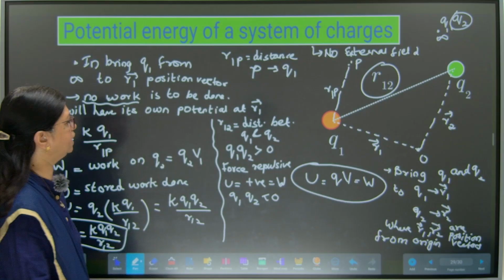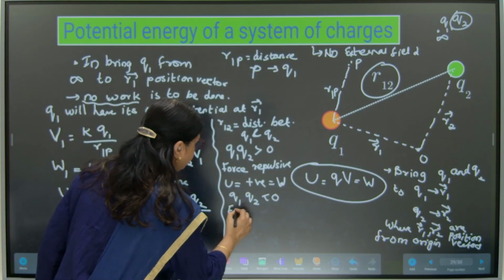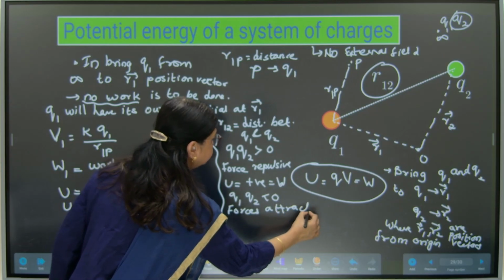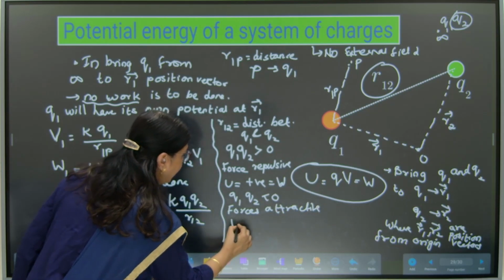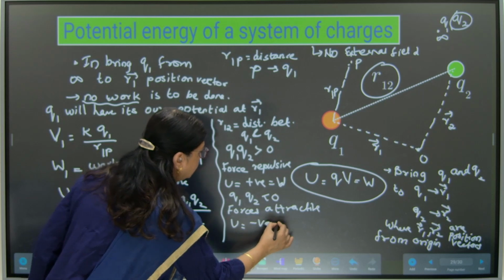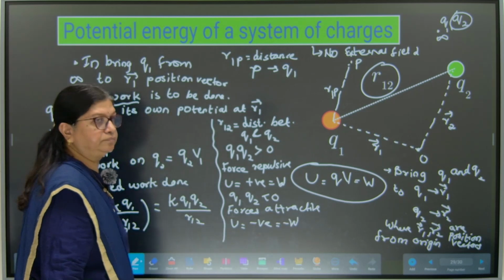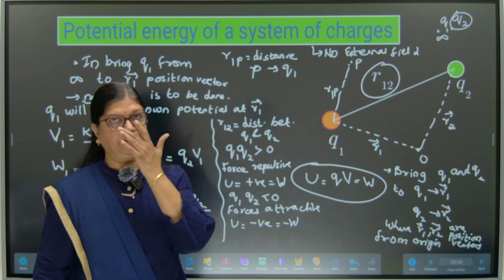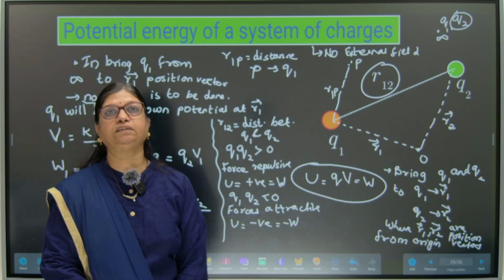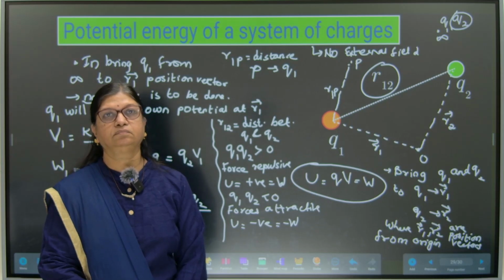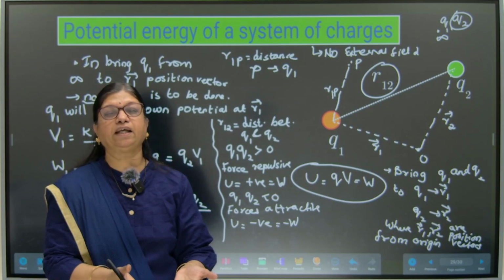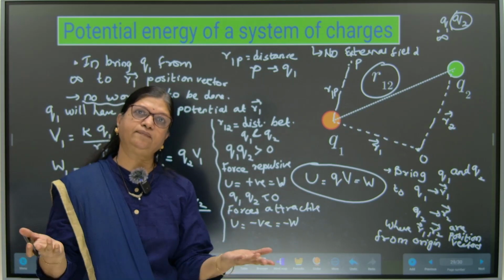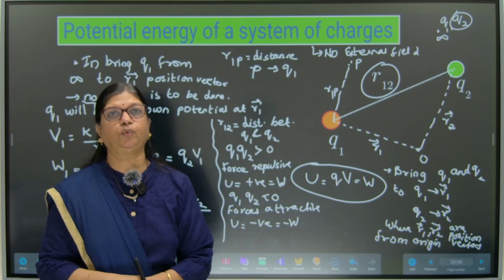If Q1 Q2 is less than 0, then how are these forces? Attractive between them. So, the energy stored is negative, the work done is also negative. Agreed? Okay. What is the meaning of work done is negative? We are working against the force. That's it. The displacement and the force are opposite to each other. Then work done is negative. This we have learned in 9th standard only.